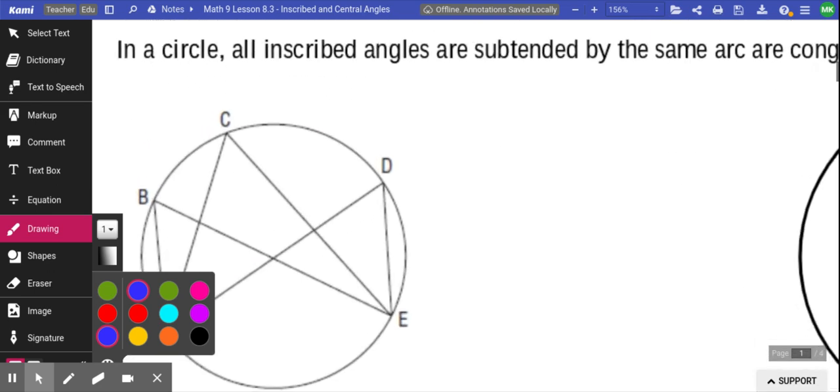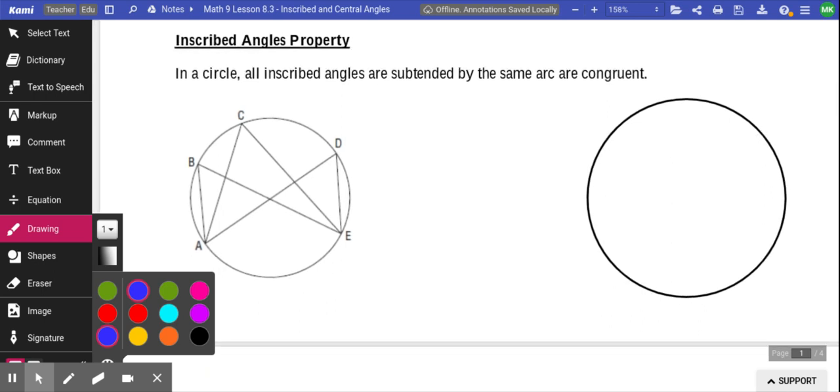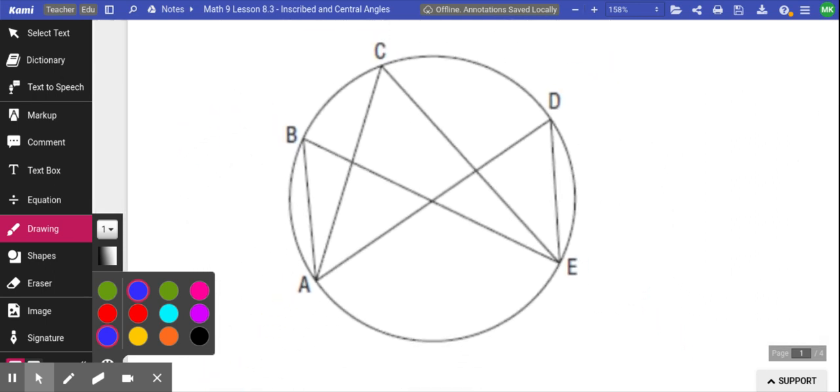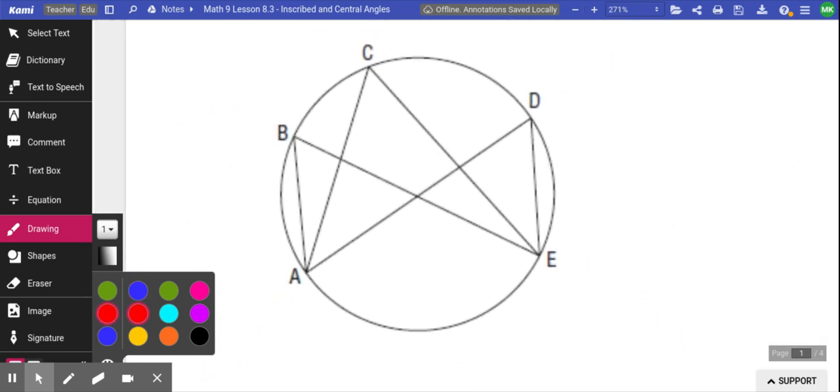Awesome. And we can have lots of inscribed and central angles on a circle. So we're going to look at this right here. I'm going to show you 3 different inscribed angles. I'm going to talk about points A and E and the different ways I could connect them. The first way is I could go from A to B and then from B to E, and I could create that angle right there.